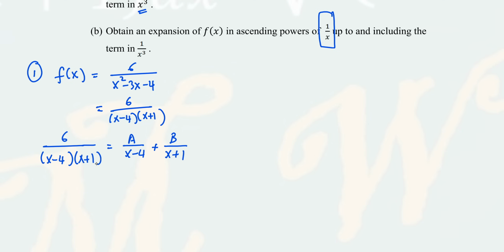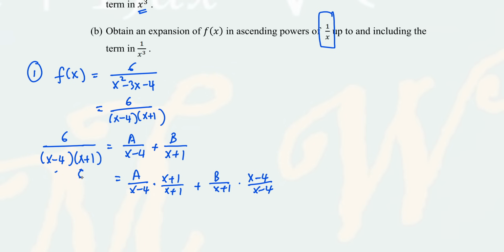So now we need to get the same denominator by comparing the denominators on the left hand side. Therefore, it will be a over x minus 4 multiplied with x plus 1 over x plus 1, plus b over x plus 1 multiplied with x minus 4 over x minus 4, because we need to get these two denominators.